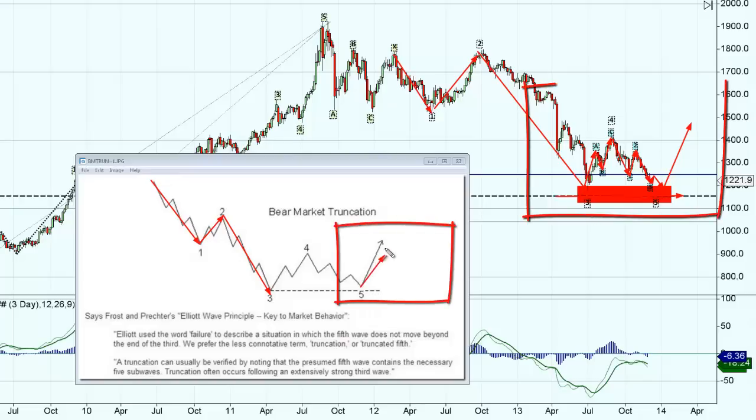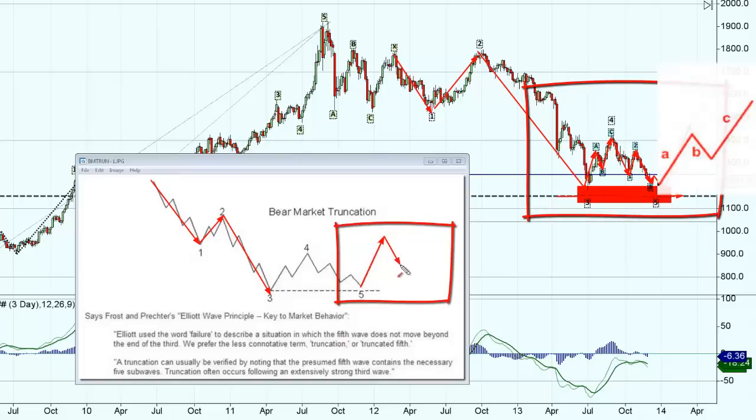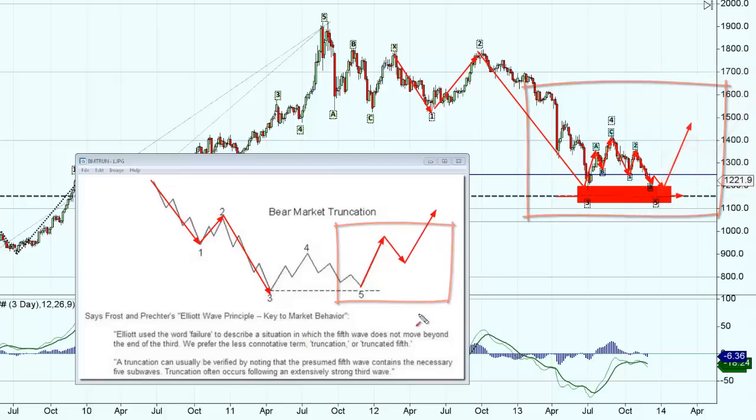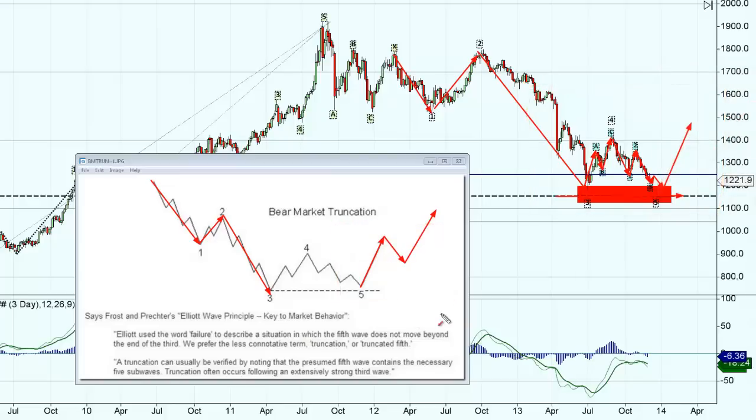Now, that sizable rally will typically be an A, B, and then C corrective pattern. And so my sense is that as we go into 2014, whether it is in the first couple of months of 2014, it could be as quickly as January, of course, when the debt ceiling issue gets raised again in the Congress and the Senate.